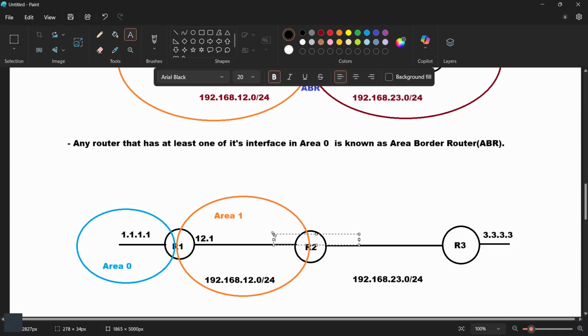12.1, 12.2. Then let's say you have area 2.